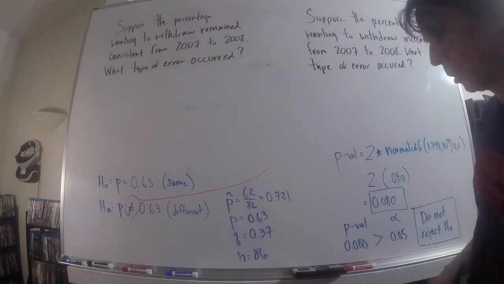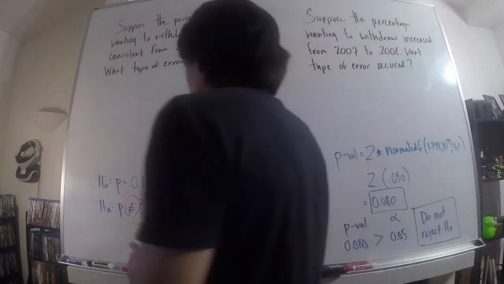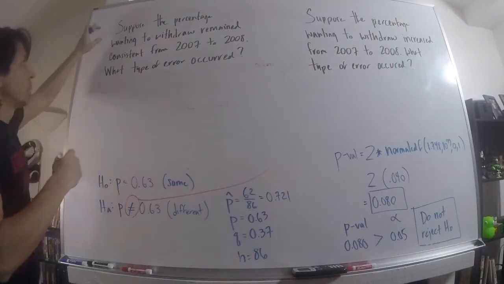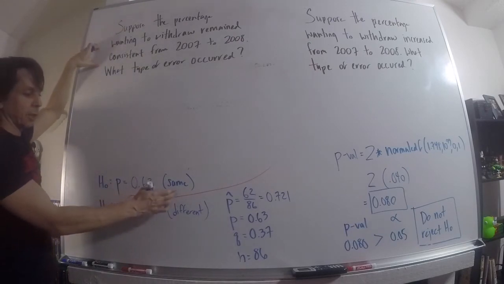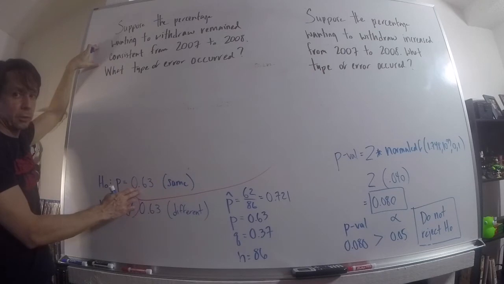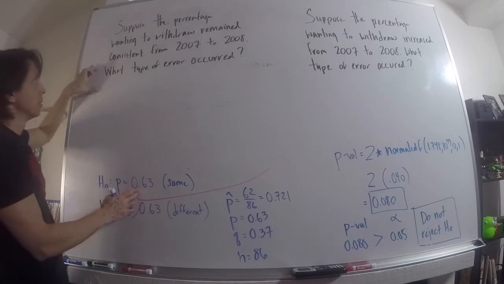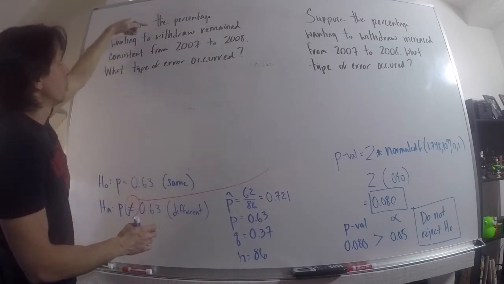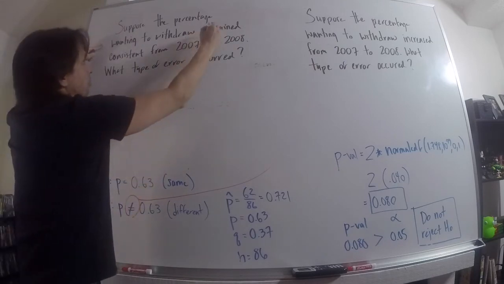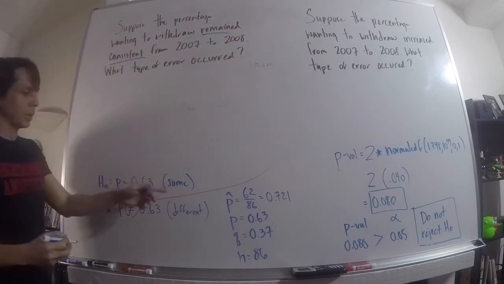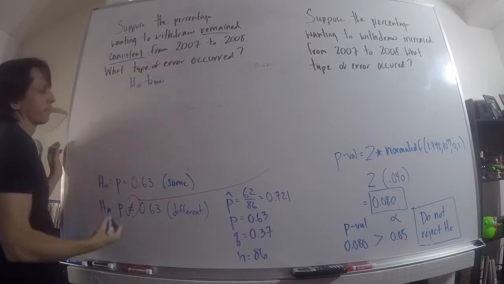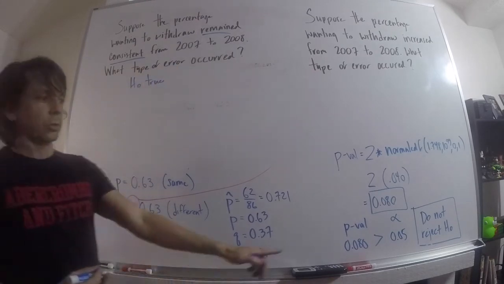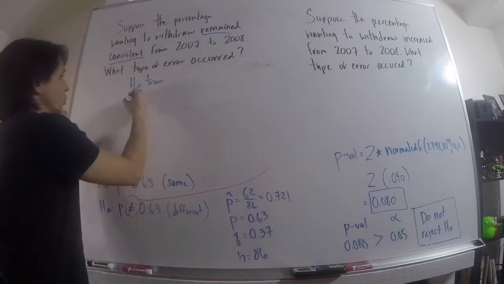But we've got to sort it out by interpreting what this hypothetical is saying about H0. And H0 is saying it stayed the same. It's still 63% in 2008 as it was in 2007. Let's read this. Suppose the percentage remained consistent, meaning it stayed the same. They're saying here that H0 is true. What was our decision? We did not reject something that was true.